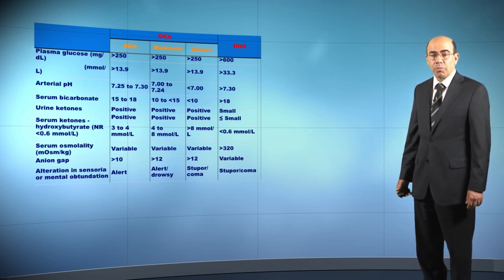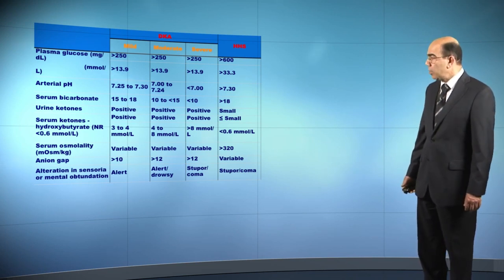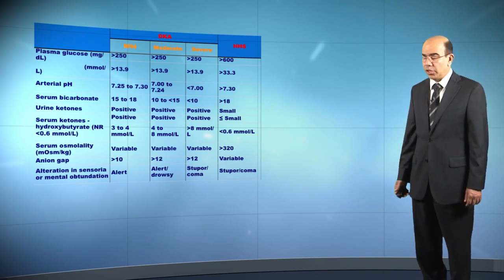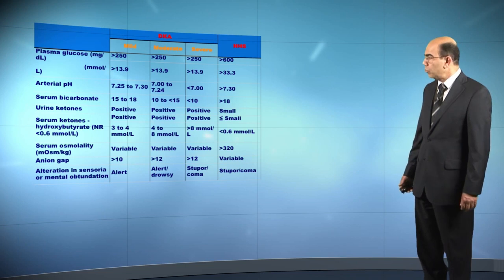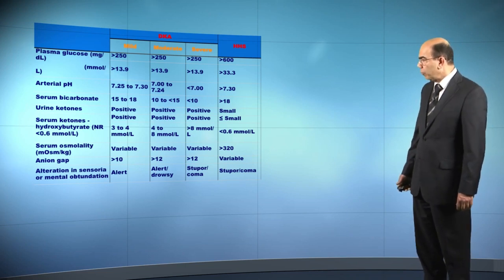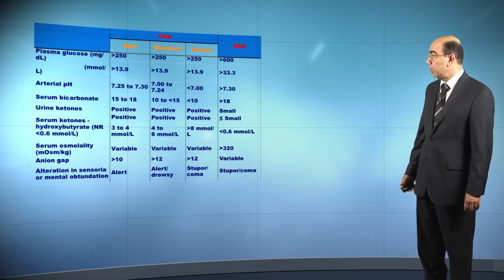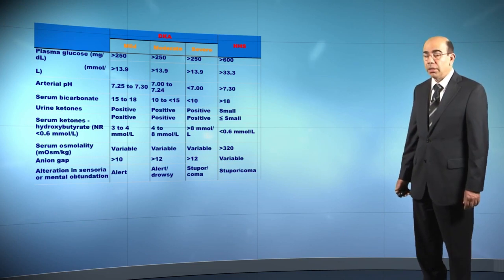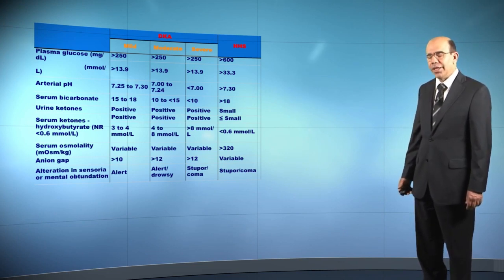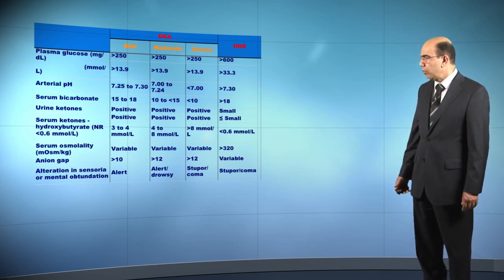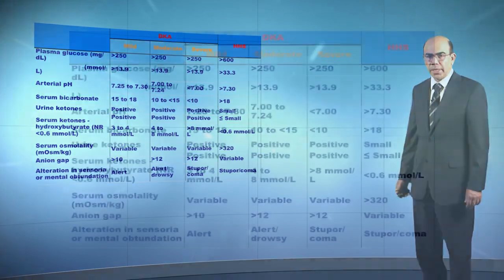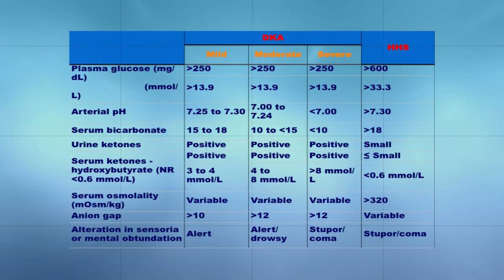Ketones in general are positive and markedly so in diabetic ketoacidosis, and either small or absent in HHS. Serum osmolality is variable in DKA, while it is usually higher in HHS. And altered sensorium usually occurs in severe DKA, however, it is common to see it in HHS.